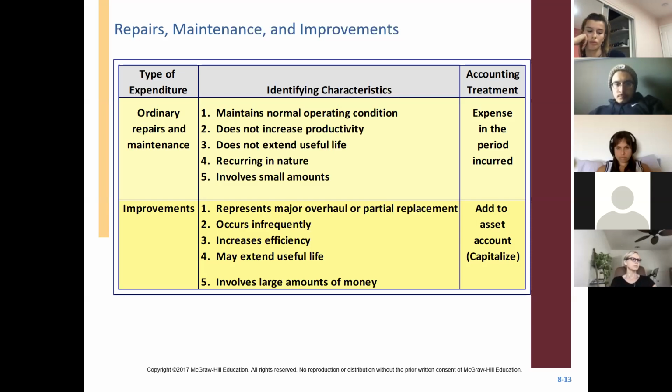You overhaul the engine and put a giant 12-cylinder engine in it, which increases what that car can do. That would be an improvement. An improvement is capitalized, which, as we heard a few moments ago, means the expenditure goes on the balance sheet, not the income statement.